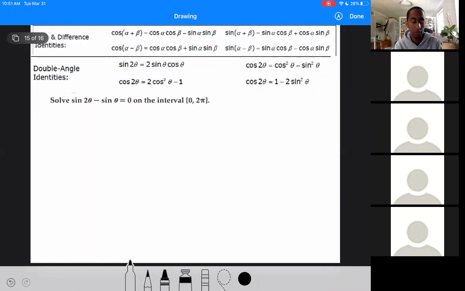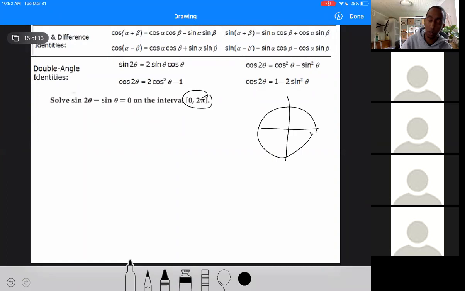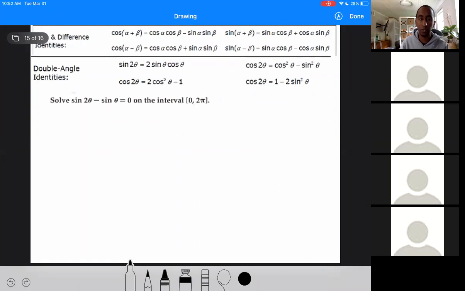What this is basically saying is, only on the interval from 0 to 2 pi, meaning only in the first rotation of the unit circle, not multiple rotations, what angle measurement in radians from 0 to 2 pi could we plug in here for theta that would make the statement true?